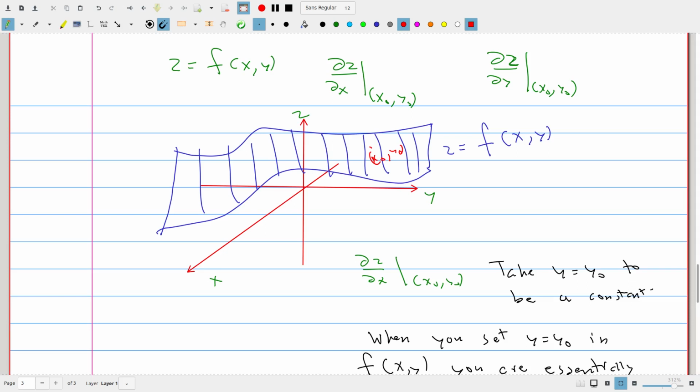When we restrict y equals y naught, I get a curve that passes through here. On the red curve, y is equal to y naught.